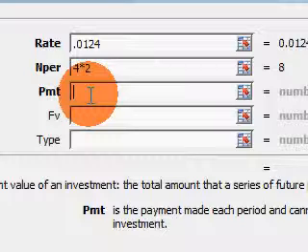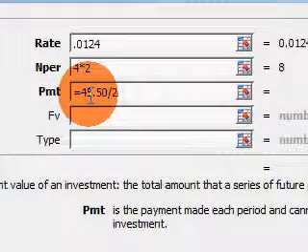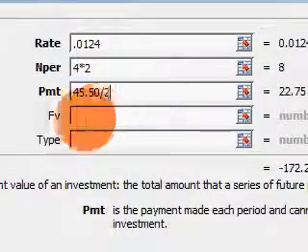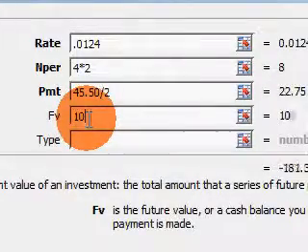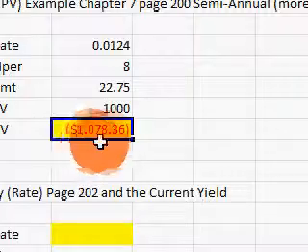The payment again was from the previous page, so 45.50 divided by 2. I get the 22.75. And again, the future value is always going to be 1,000. Okay. So we hit OK, and you would pay $1,078.36.